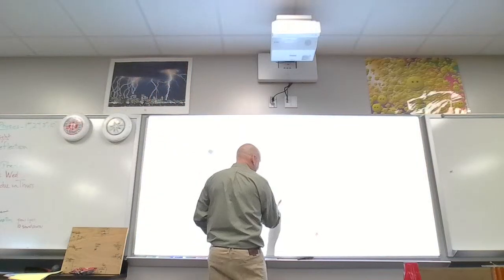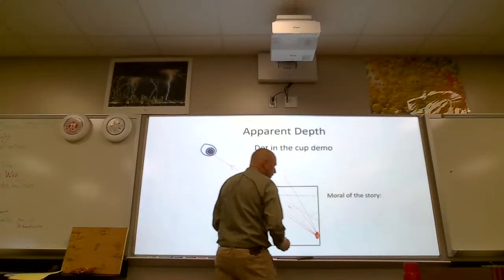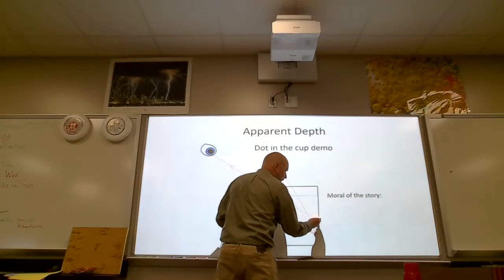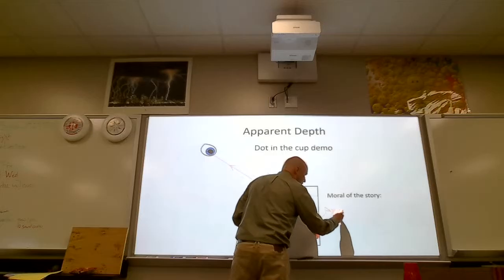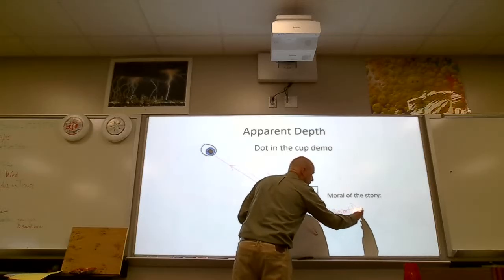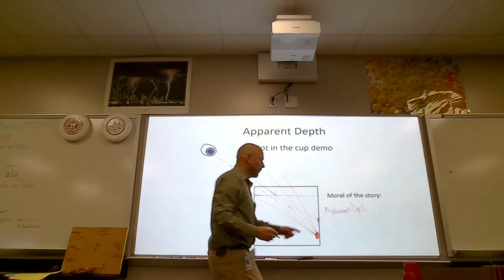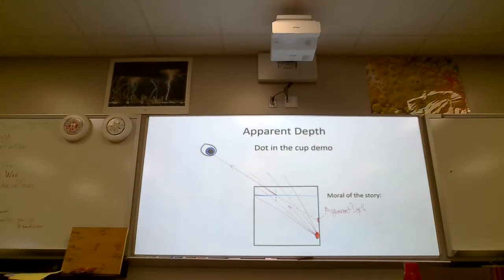And so we think we see light going in a straight line path. This is the apparent depth. We think we see it there. You all right with that? Shallower than it is. Okay?